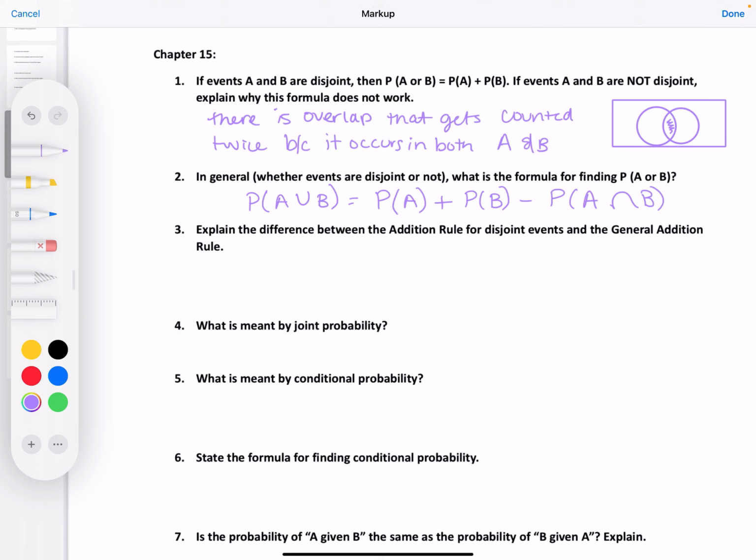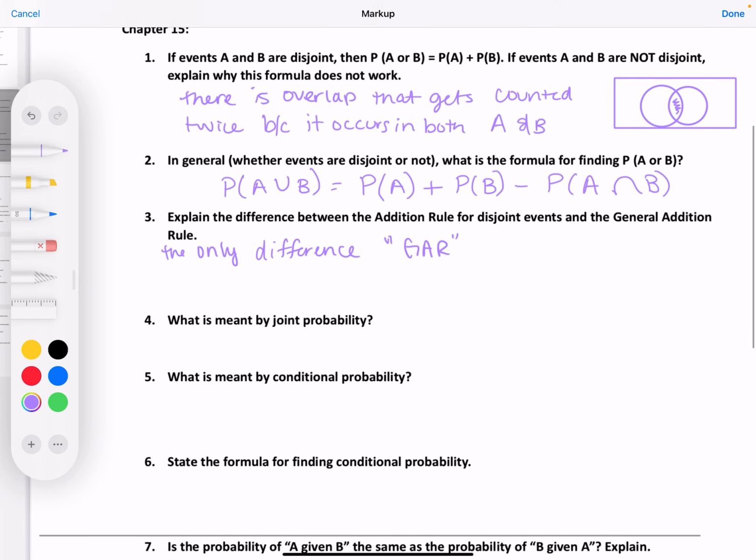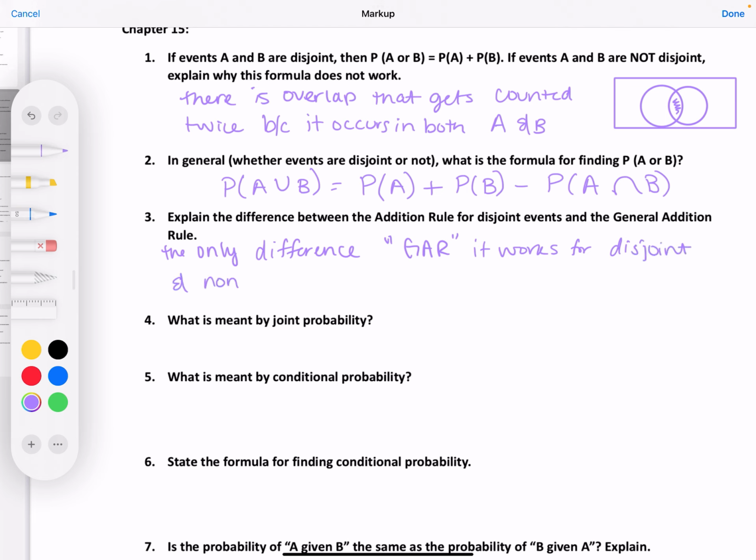You probably haven't really seen it written that way before, so I'll just say the only difference is that the general addition rule, which I'm abbreviating to GAR, works for disjoint and non-disjoint events because it subtracts off the overlap.